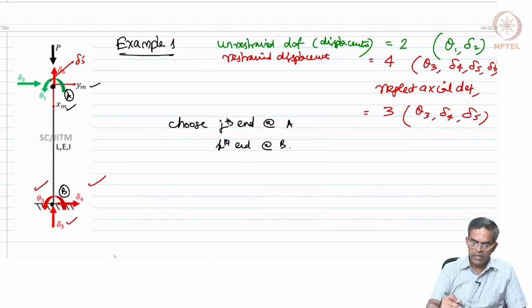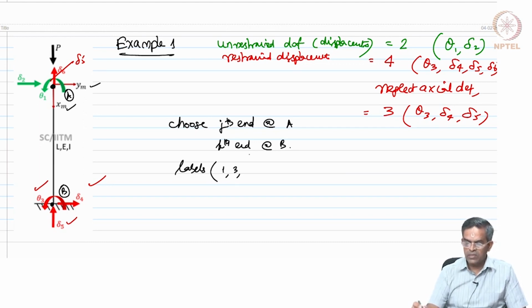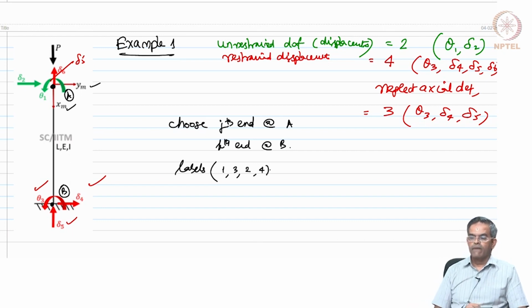So, rotation at j, then rotation at k, then translation along positive y at j, translation along positive y at k. So, 1, 3, 2, 4 are the labels.